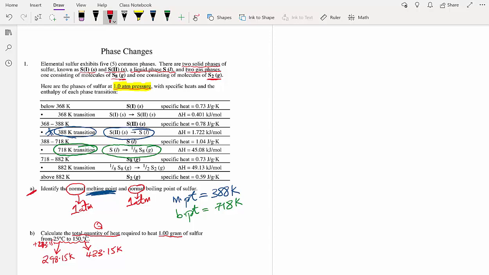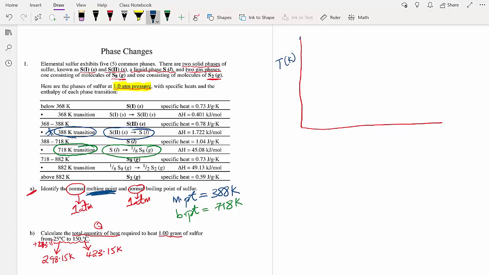To answer this question, the easiest way is to first draw a curve of the transition you want to study. So we're going to need a vertical axis and we're going to need a horizontal axis. The vertical axis, let us label it as temperature in Kelvin.